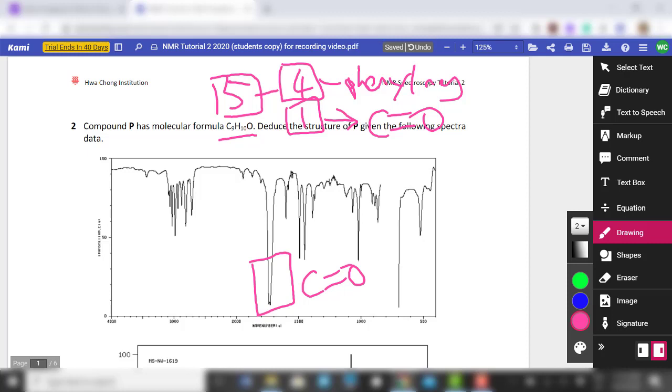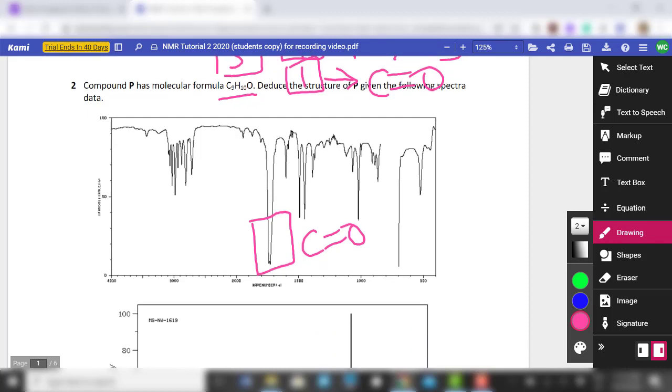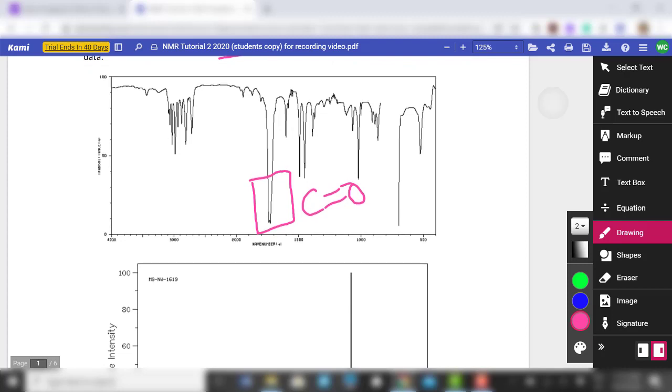With this, you can start working on the structure because you already know that there's a phenyl ring and a C=O double bond. As to whether you should start with IR, mass spec, or NMR, it's entirely up to you. Personally, I prefer to do a quick glance at the IR to see the key functional groups.